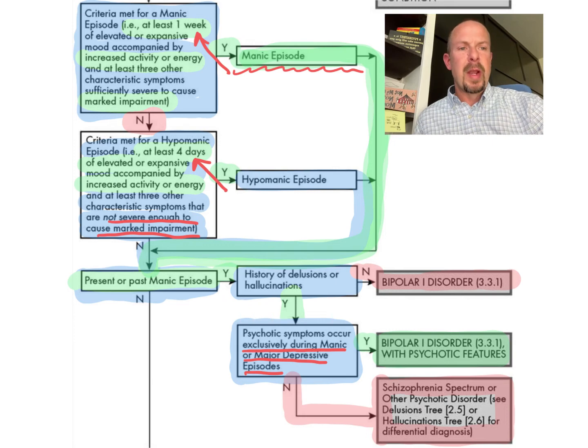As we know, this could range from schizoaffective disorder to some sort of schizophrenia, but schizoaffective would probably be the most appropriate, given that the person has had a history of delusions or hallucinations that didn't occur exclusively during a mood episode and continued. We are looking more along the lines of a schizoaffective disorder. All right, that brings us down through this portion of the map. Let's continue on to the final portion.